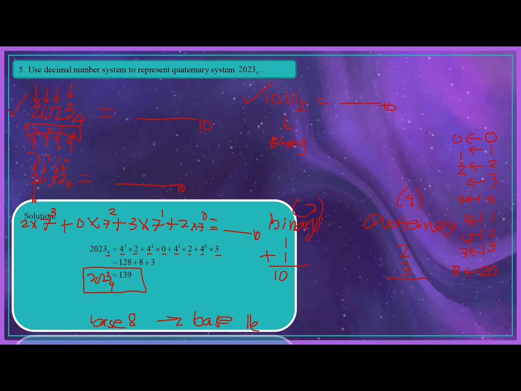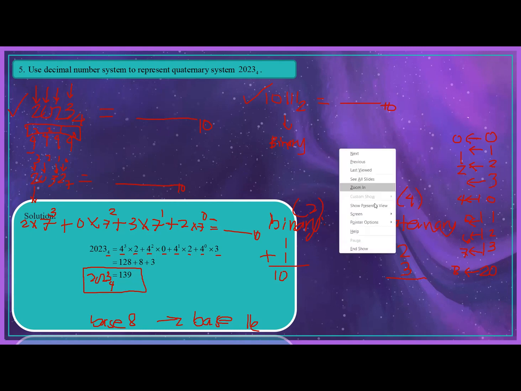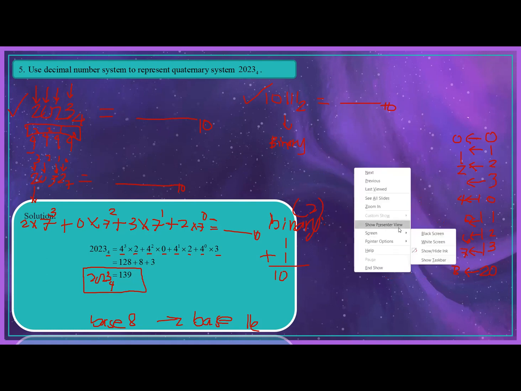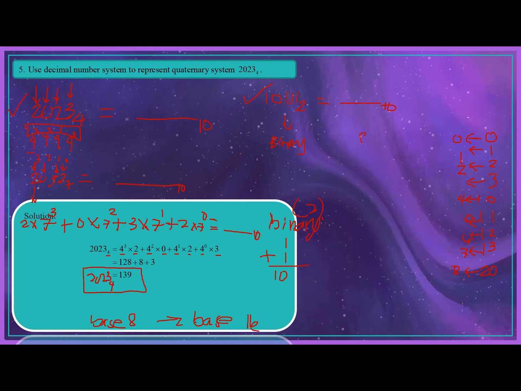So basically, for base 16, we start with 0, then 1, 2, 3, 4, 5, 6, 7, 8, 9, 10, 11, 12, 13, 14.